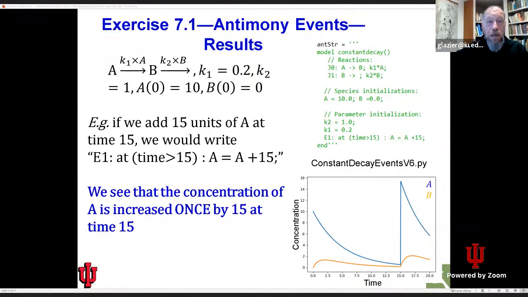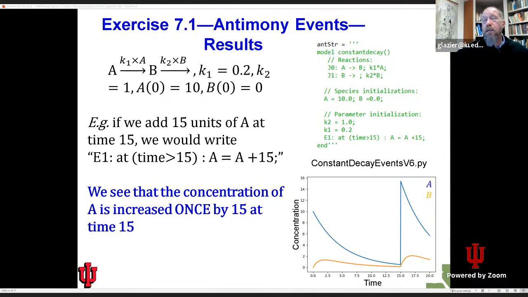And one thing that I actually have on the slide, but isn't really shown, is that if I ran it for a long time, it would only increase once. And so that makes the wording of the syntax a little bit ambiguous, because time greater than 15, you might expect that each time greater than 15, you added 15 to A, in which case A would go up, up, up, up, up.